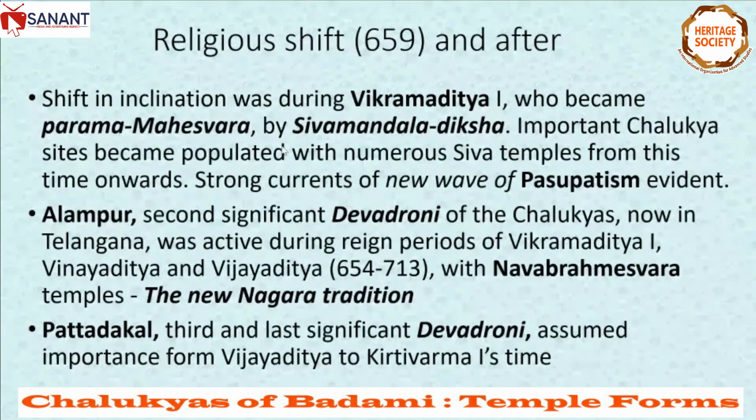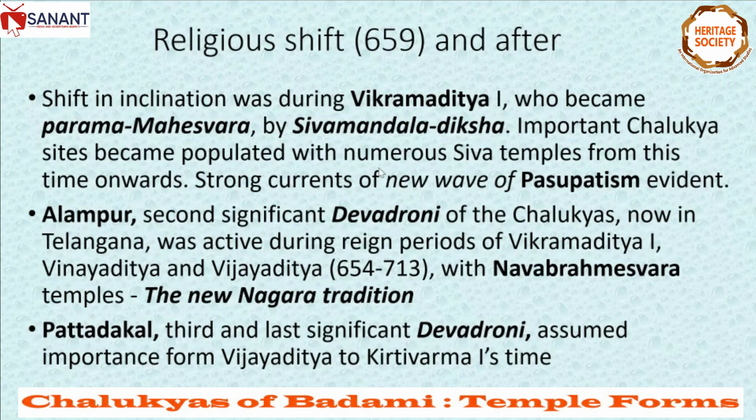Okay. And a very significant change that you would notice is in the reign of Vikramaditya I. In 659, he was initiated into a Shaiva sect, which we call the Pashupata sect, by an initiation ceremony called Shivamandala Diksha.